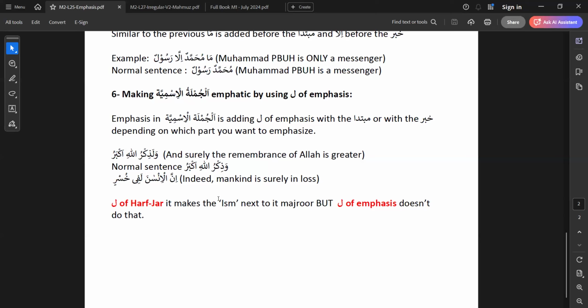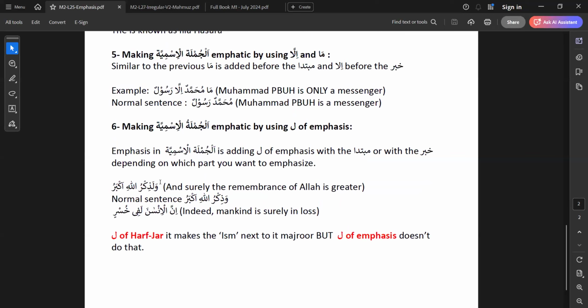But lam of emphasis doesn't. Let me read this. Lam of harf jar, emphasis doesn't do that. Lam of emphasis. Yeah. So here the lam is not causing the harf jar.